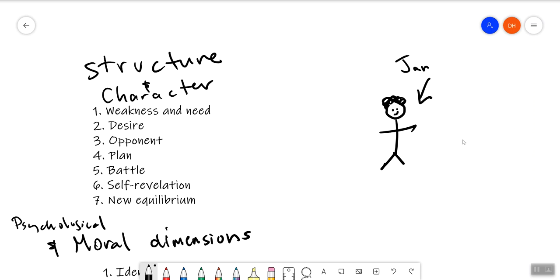But for most of our stories, we're probably not going to be stranding characters in deserts. The psychological and the moral needs, these are far more important for good character building. Now, psychological, like I said, is much better to build into a character, and a good psychological need will necessarily lead to a moral need.